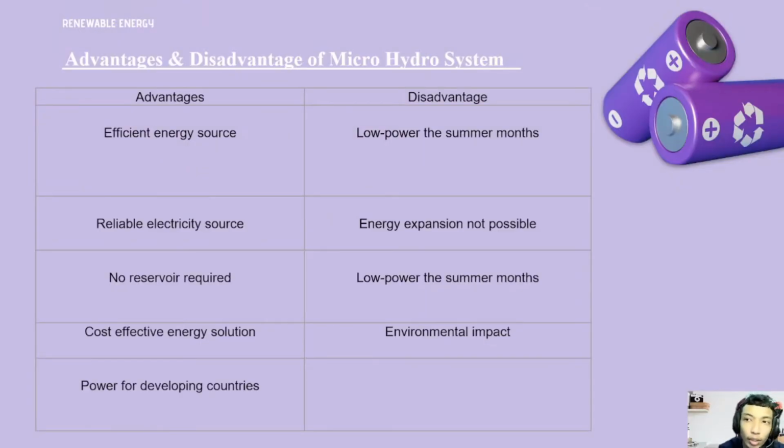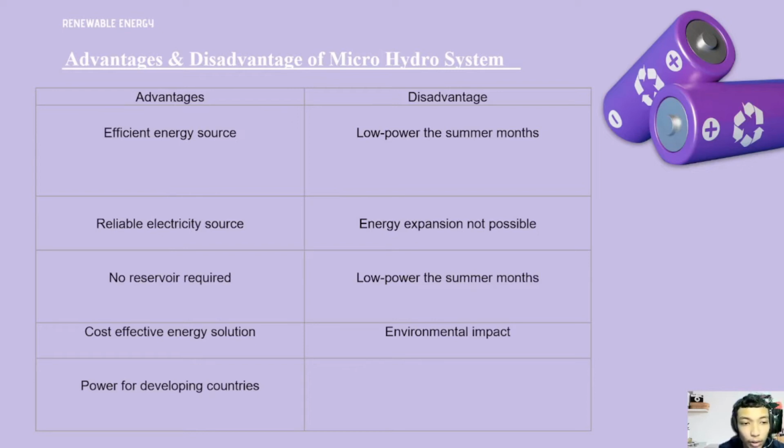So these are the advantages and disadvantages of the micro hydro system based on our project. Firstly, the advantage is an efficient energy source, but the disadvantage is low power in the summer months. Second, a reliable electric source, but the disadvantage is energy expansion is not possible.